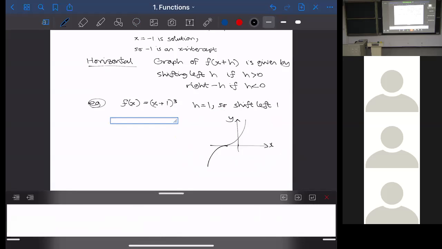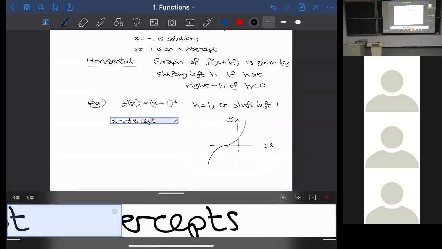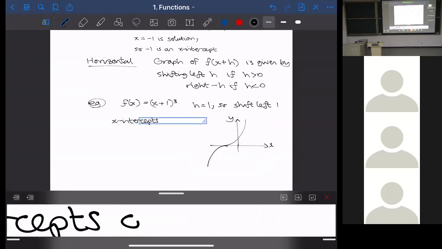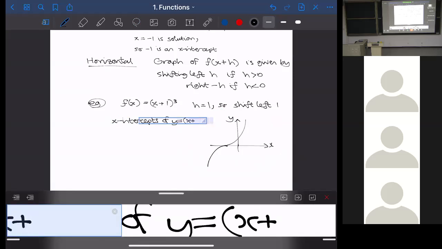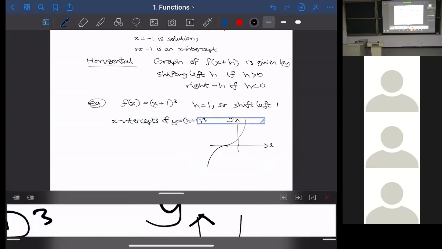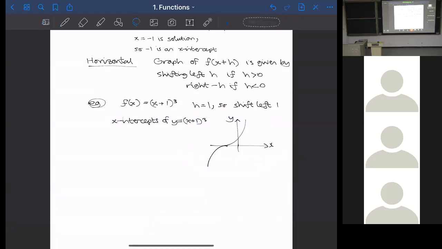So what are the x-intercepts now? y equals (x plus 1) cubed.